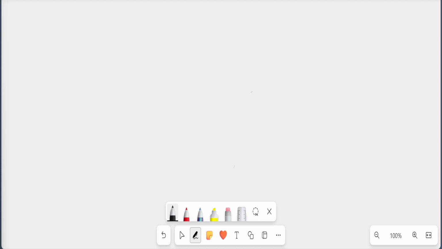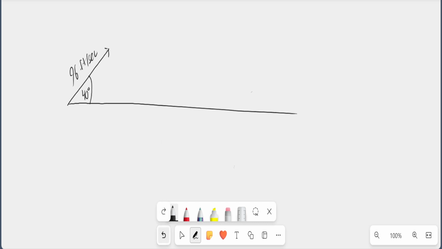So anyways, a projectile is launched from the ground with an initial velocity of 96 feet per second at an angle of 40 degrees. Find the following. So actually, before we even do that, let's just find everything we can about this.